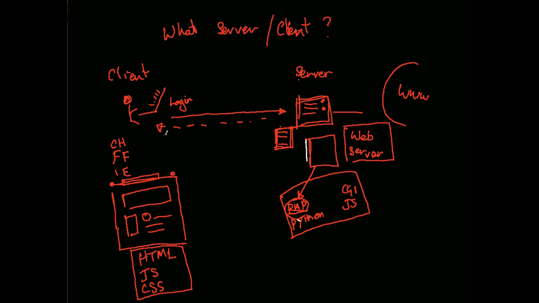And that's the client side and the server side working together. When that happens, that's called a dynamic website, because it's being created dynamically by the web server. It's actually building a web page just for me.